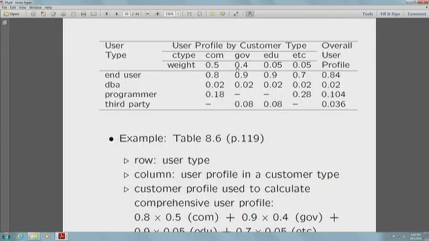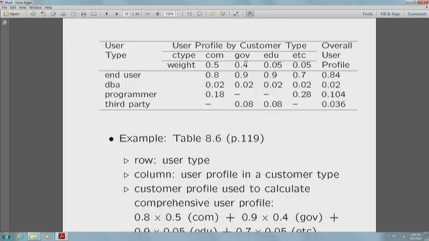So you can get a user profile for each customer type, which is basically the same as what we did for the customer profile. We collect some information, consolidate it, and sometimes adjust the weights by importance, criticality, market influence, impact, or whatever reasons you have.